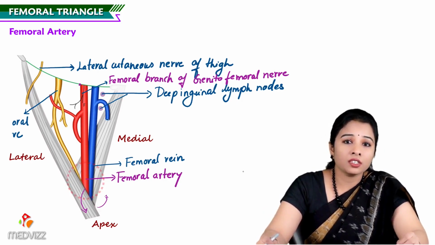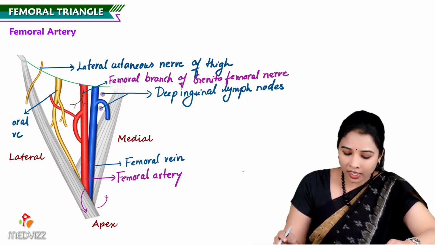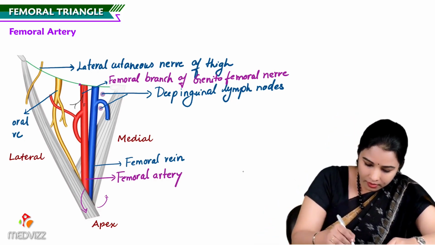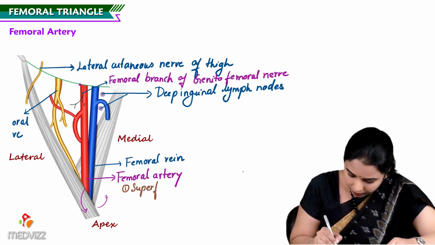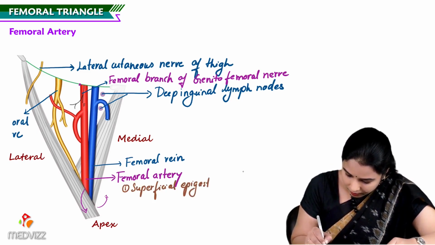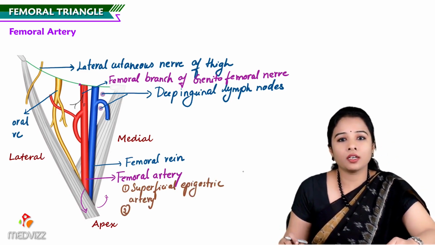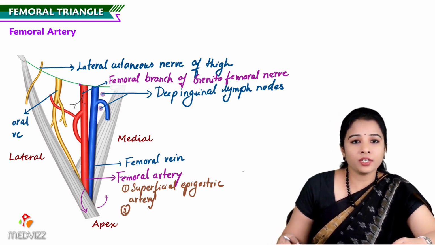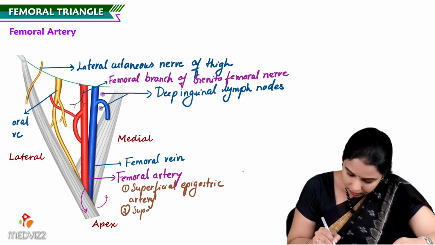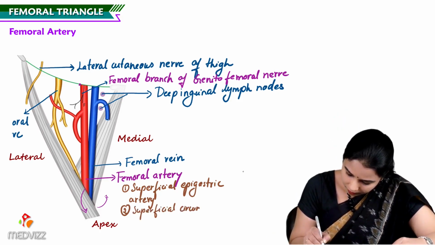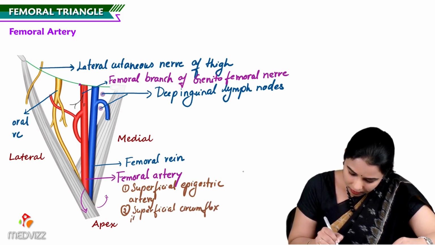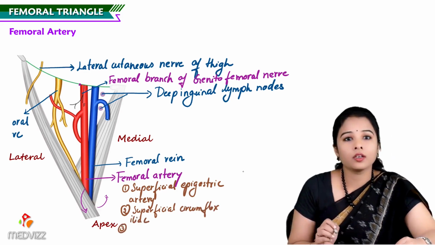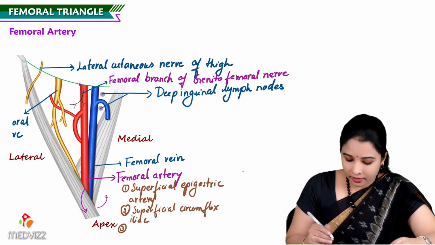Femoral artery gives three superficial branches. So the branches of the femoral artery are superficial epigastric artery, and along with that there are other arteries called superficial circumflex iliac artery, then superficial external pudendal.